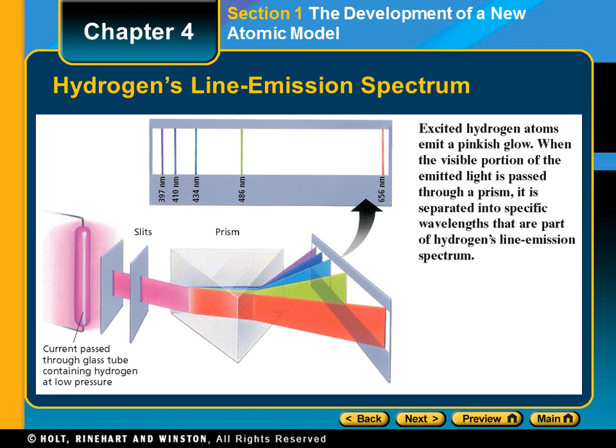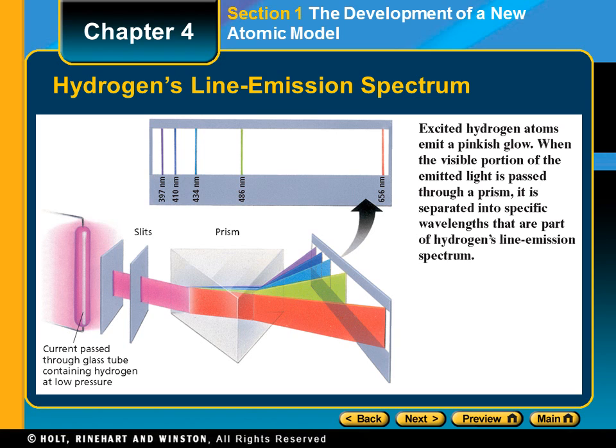Notice here you have this pinkish glow as you excite the hydrogen, and you shine it very narrowly through a prism, and it's broken down into these specific visible light waves.